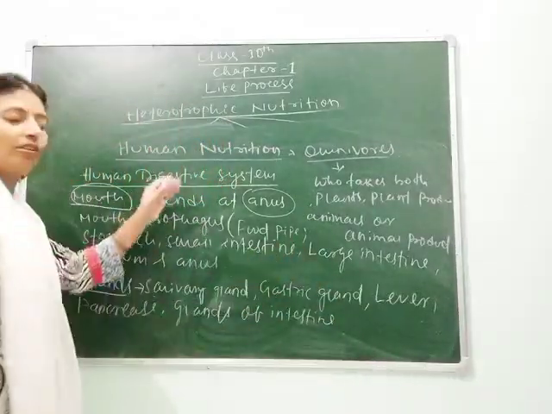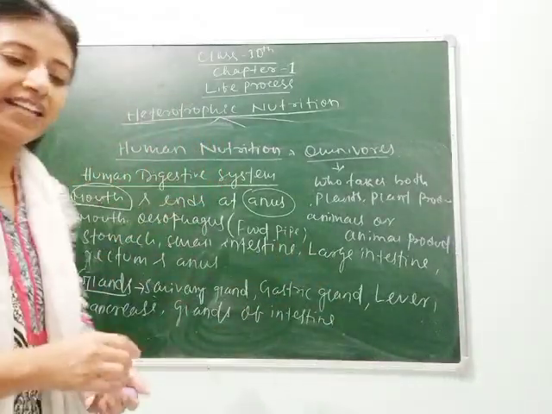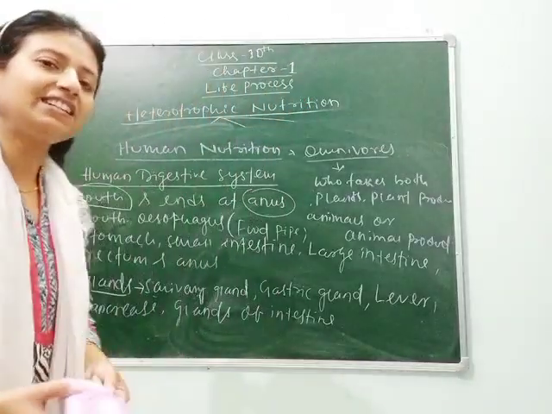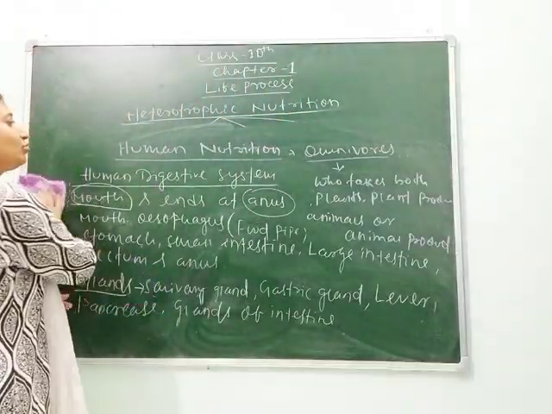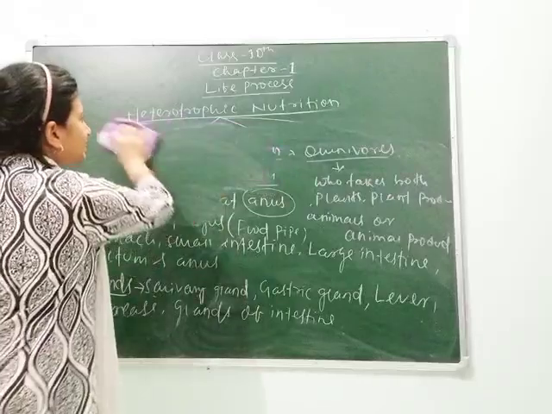So these are the organs which constitute the human digestive system. So students, let's start in detail through the diagram. Human digestive system.